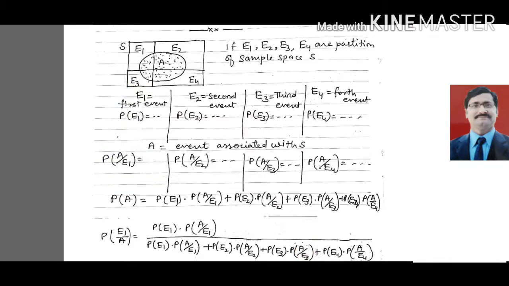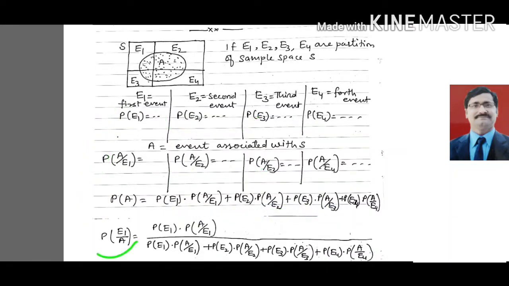After that, if you have to find P(A), you can use this: P(E1) dot P(A/E1) plus P(E2) into P(A/E2) plus P(E3) into P(A/E3) plus P(E4) into P(A/E4). This is how you get P(A).